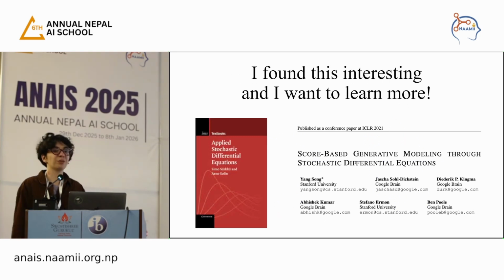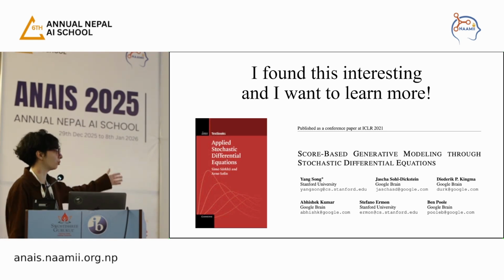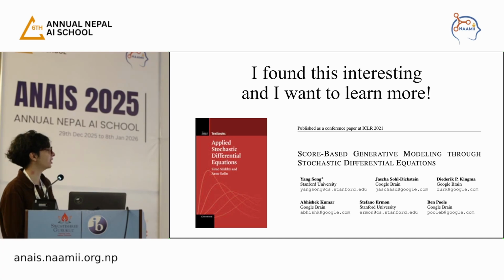And also, if I sold stochastic score-based generative models to you via the easier version of it, which is the ordinary one, I really recommend this book. It's very friendly. It starts from the basics. If you know some ODE integration methods, you will be able to read it.